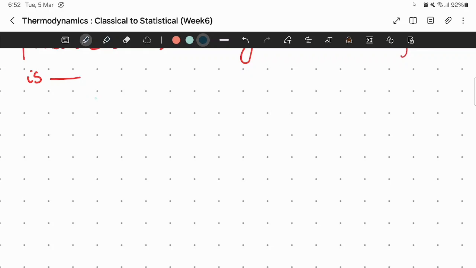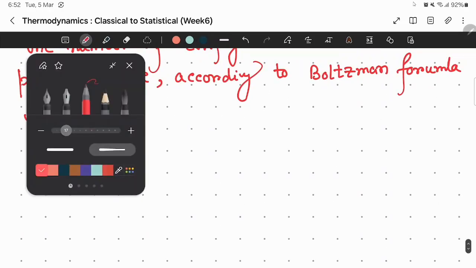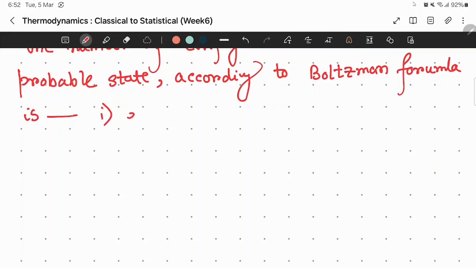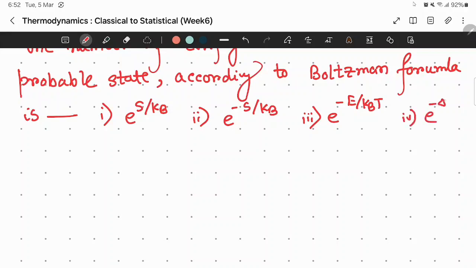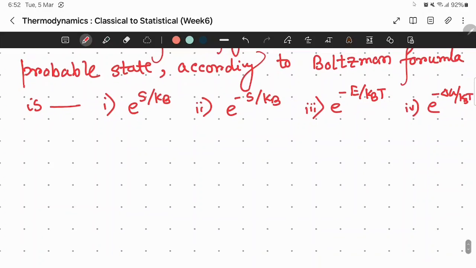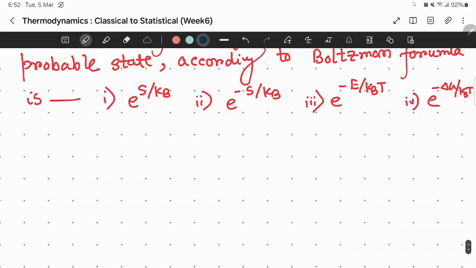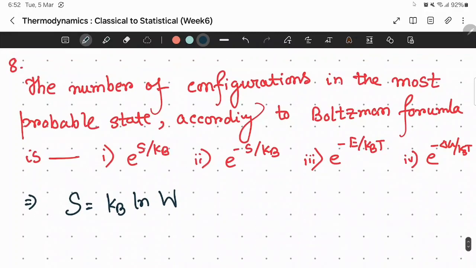We know that there are four options. Now we know S is equal to KB ln omega, or W. W is the number of microstates.